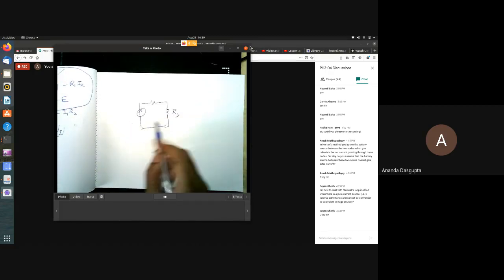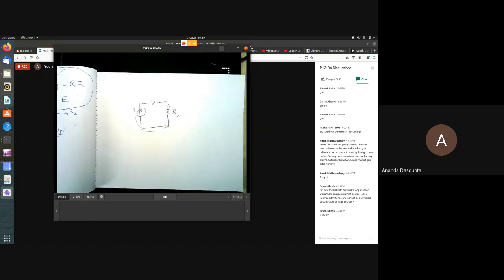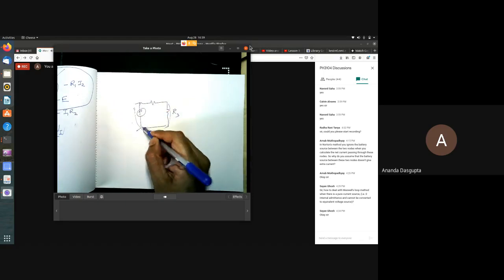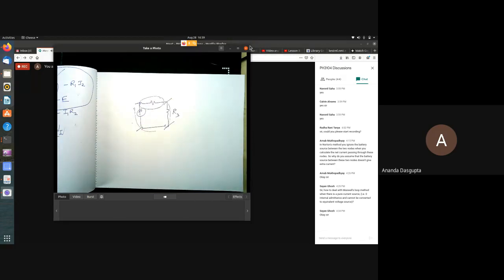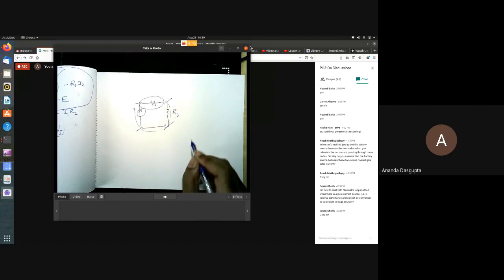But this I and this R3 were in series, of course, as it stands, same current going through them, but not in parallel, because the voltage drop across this and the voltage drop across this are not the same, because there's a resistance in between and there's a voltage drop between the two ends of that resistance. In this particular case, it was easy to identify, but very often in a complicated circuit, that may be difficult to identify. So please pay attention to that when you're analyzing a circuit.